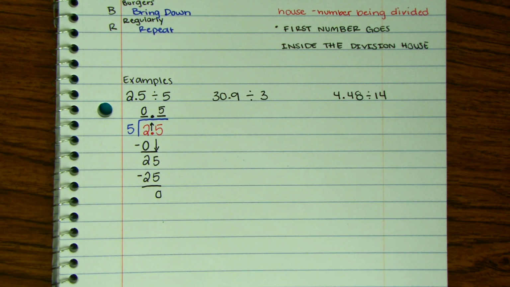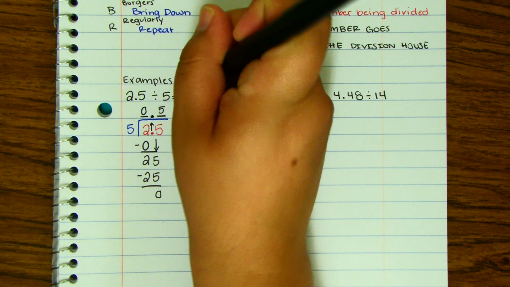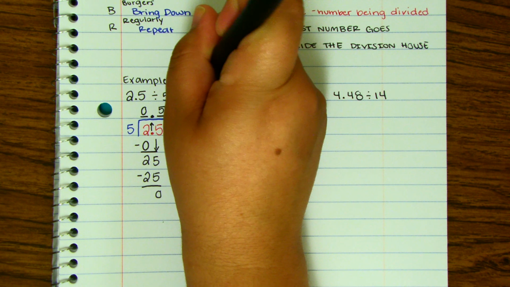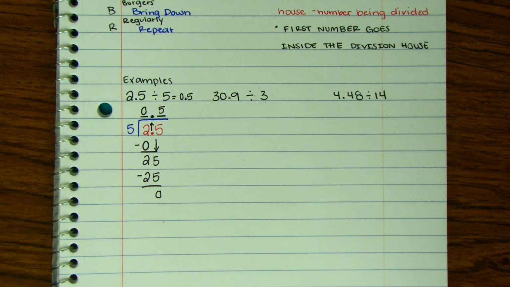So I have no remainder, and I have now finished dividing 2 5/10 by 5, and I ended up with an answer of 0.5 or 5/10. And I'm done. Pretty simple and easy when we're talking about dividend decimals. We just know that most of the time our answer will end up with a decimal point. So let's go ahead. We're going to get started on the next one.